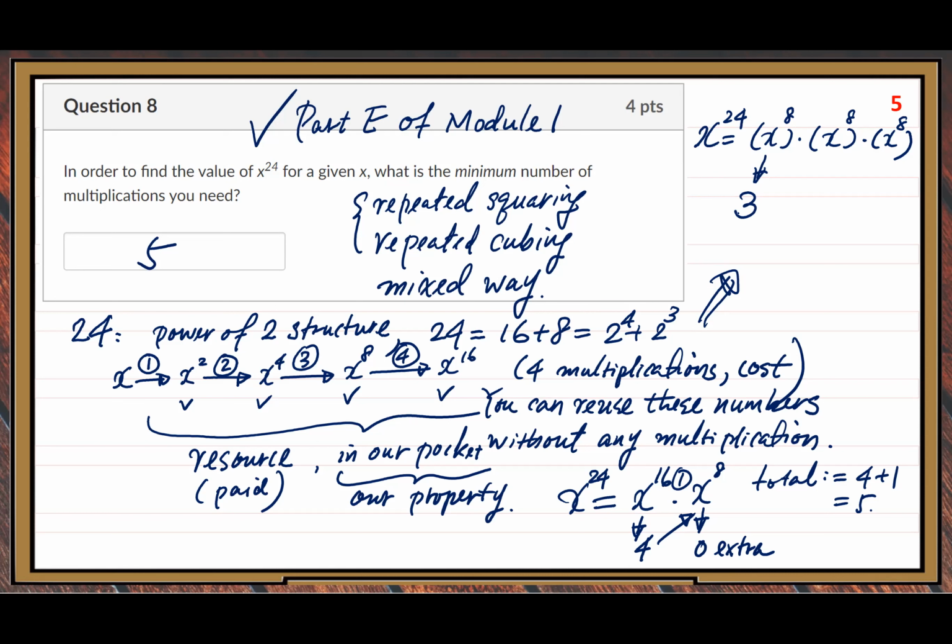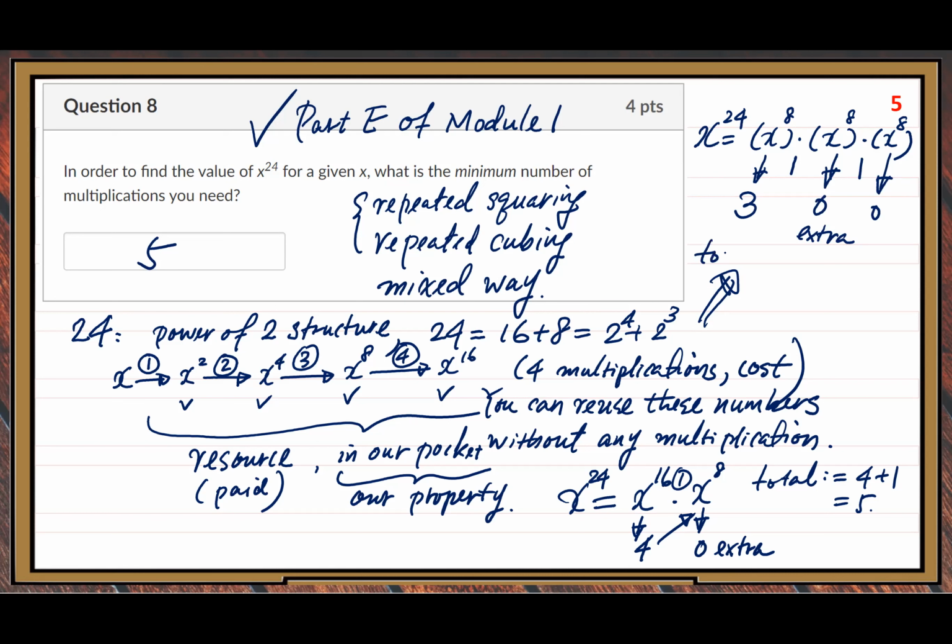That x to the 8th, that resource already belongs to us. We have the ownership of it. So next we use it with 0 extra, since we've already paid. But 1 multiplication in the middle, and another 1 in the middle.